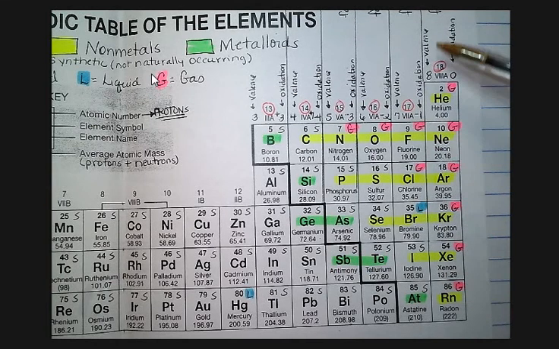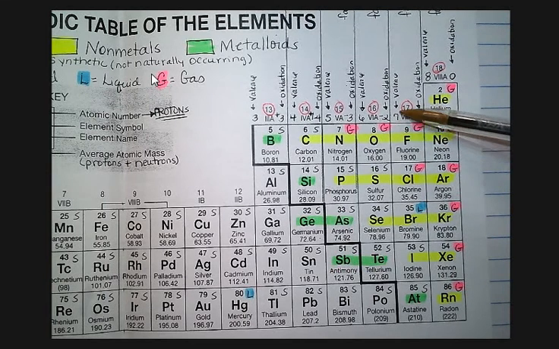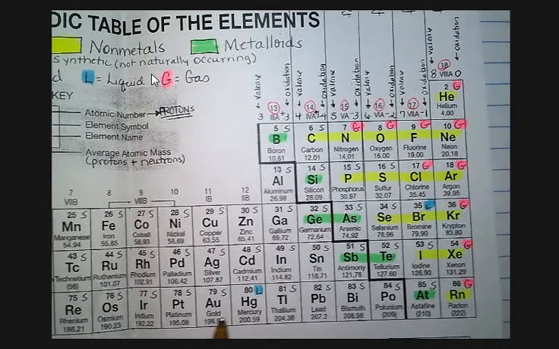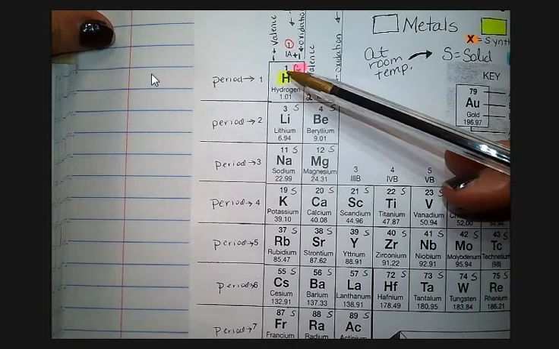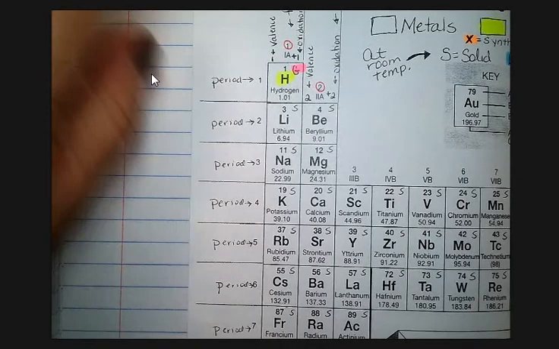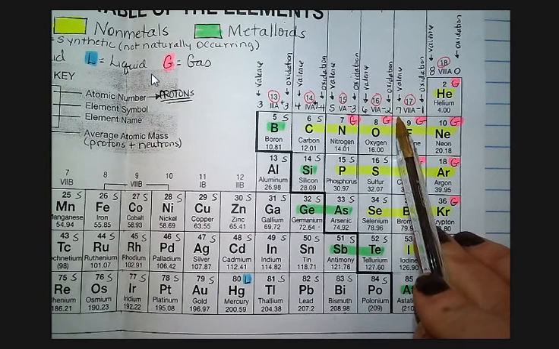So a lot of times you'll see that family group 17 with 7 valence electrons will bond with family group 1, because they have 1 valence electron. Family group 1 and family group 17, with 7 valence, are going to give us a total of 8, and that's what they're looking for.